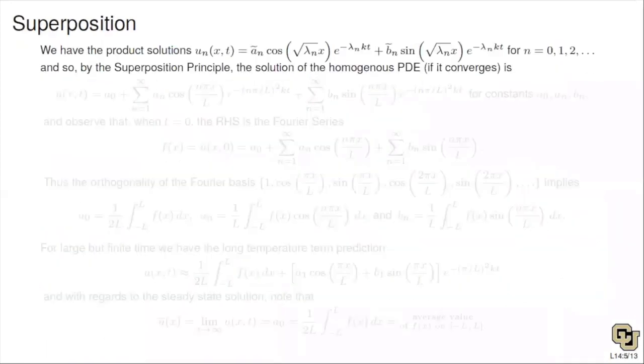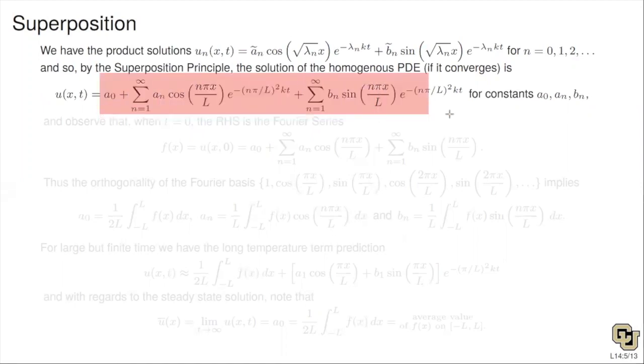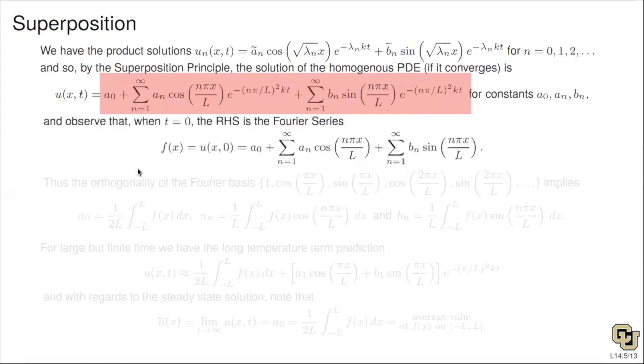So now when we do our big mega linear combination, you get this thing that we introduced at the beginning of the class. Well, it's not a Fourier series. I always say that this is a Fourier series, but it's not. When you let t equal to 0, this will become what we called a Fourier series at the beginning of the class.